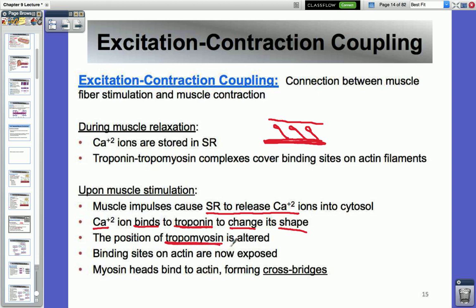It's actually going to pull tropomyosin out of the way so that the binding sites of actin are exposed. So it's going to pull it so that we can now see the binding sites on actin. And now that the binding sites of actin are exposed, now what can happen? Myosin can now bind to actin and form those cross bridges, which is just the connection between actin and myosin.